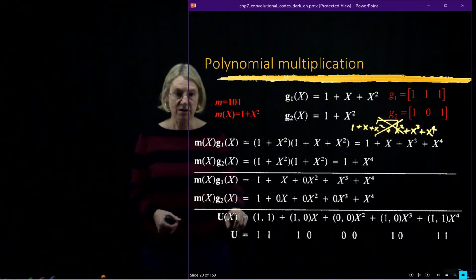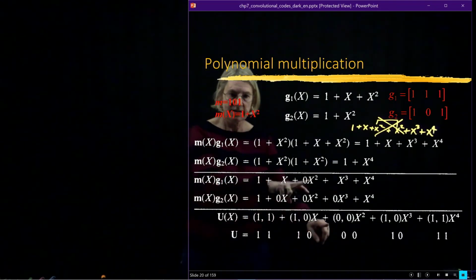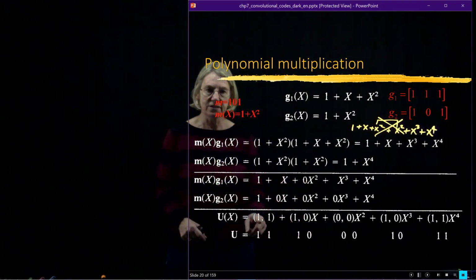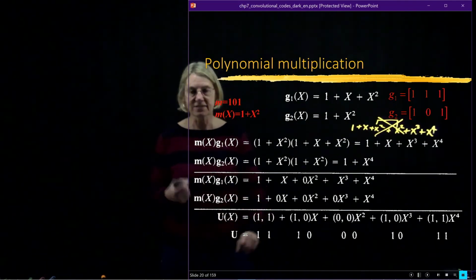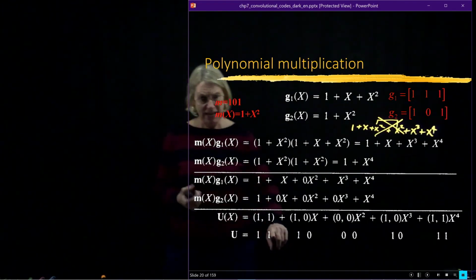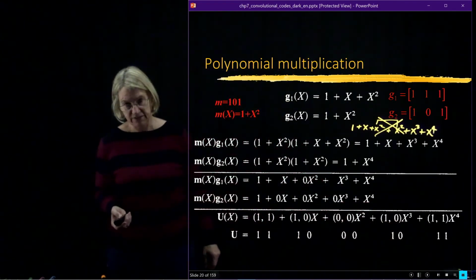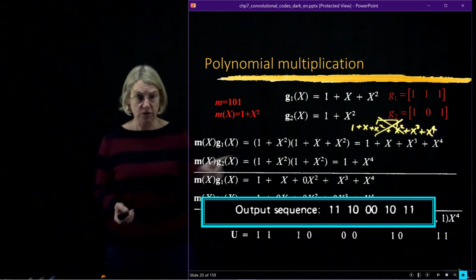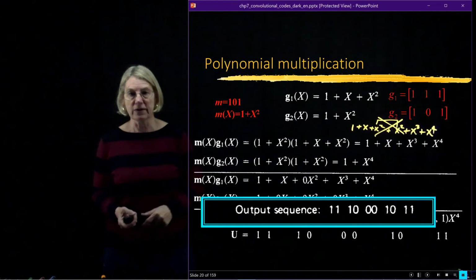So these were the pairs that I took from each one of the coefficients. The first element in the pair is the first bit of the code word. The second bit in the pair is the second bit of the code word. And then I can write the code word like this, U1 followed by U2. And of course, if we compare, this gives us the same output sequence.